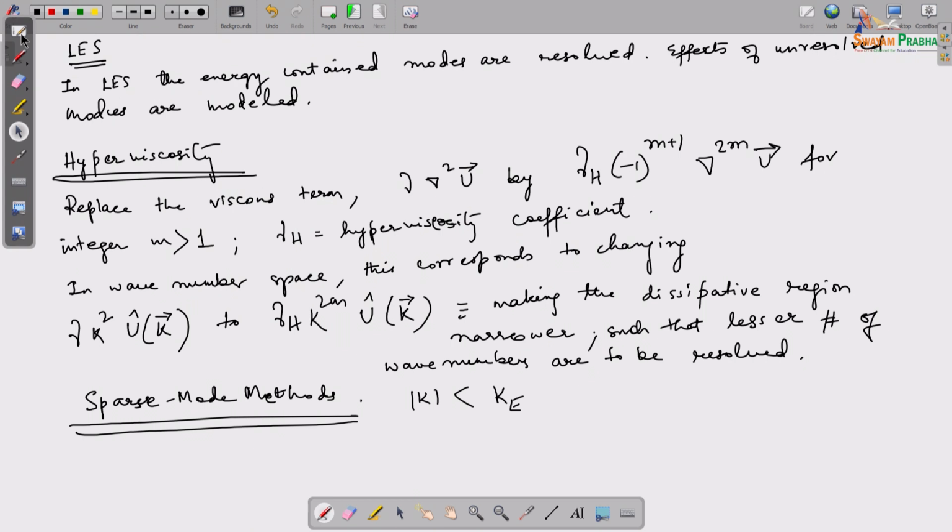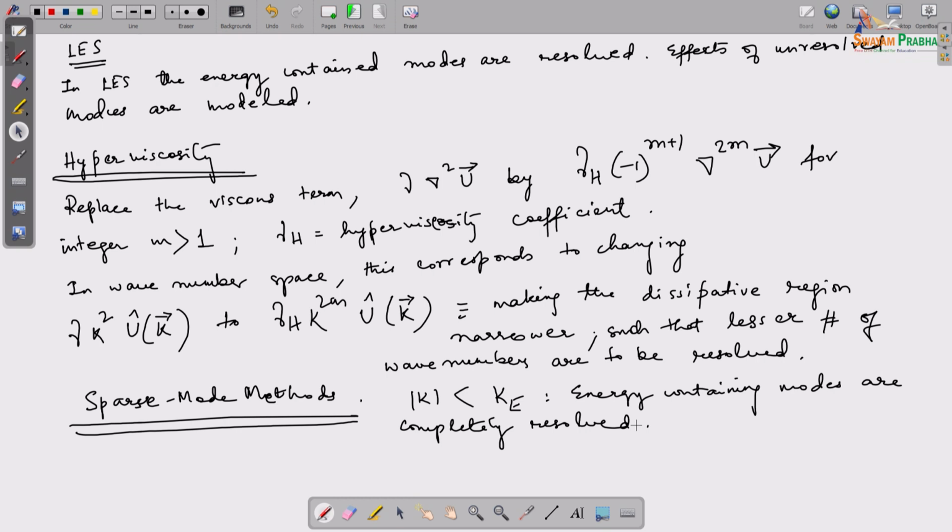So in sparse mode methods, the energy containing modes are completely resolved.